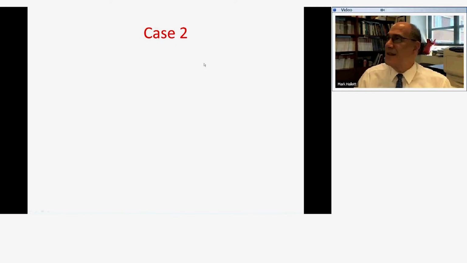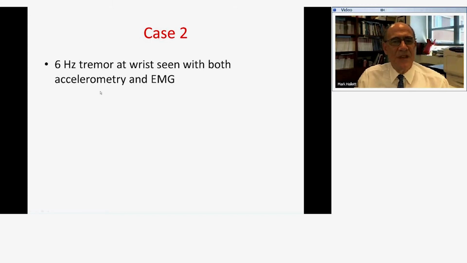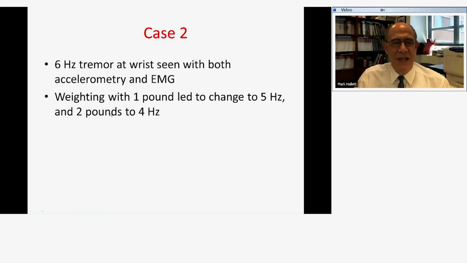So what about this particular patient then? What did we see in this case? This person had a 6 hertz tremor at the wrist, seen with both accelerometry and with EMG. Weighting with 1 pound led to a change of 5 hertz, and 2 pounds went down to 4 hertz. Now, just to point out something I perhaps didn't say before, we generally use more than one weight when we're doing this test.